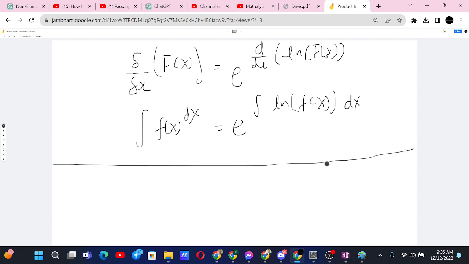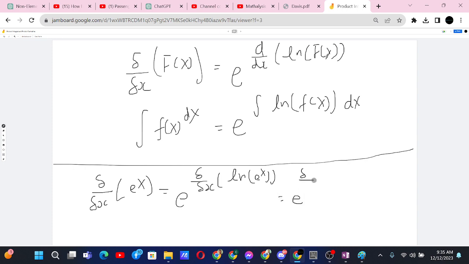Okay, and now if we try to evaluate some of the product derivatives, let's say for e to the power x, that will be e to the power normal derivative of ln of e to the power x, and that will be just x.